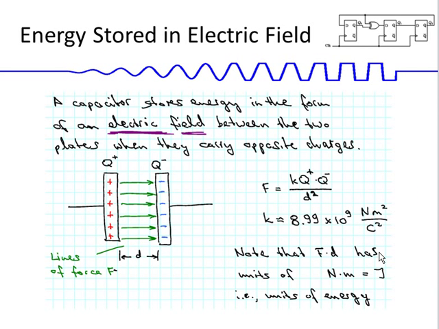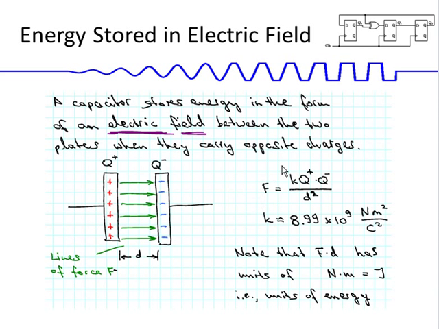A capacitor stores energy in the form of an electric field between the two plates when they are carrying opposite charges. So here's a little picture: positive charges on one side, negative charges on the other side. And then the green lines here are the lines of force in between those two charges.